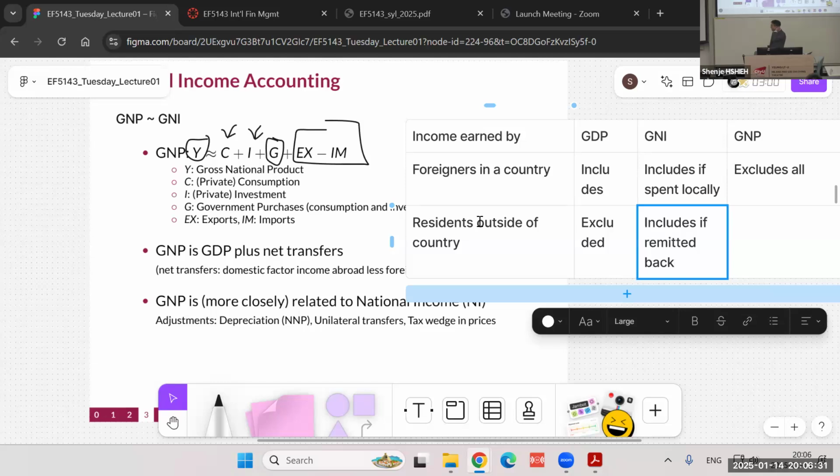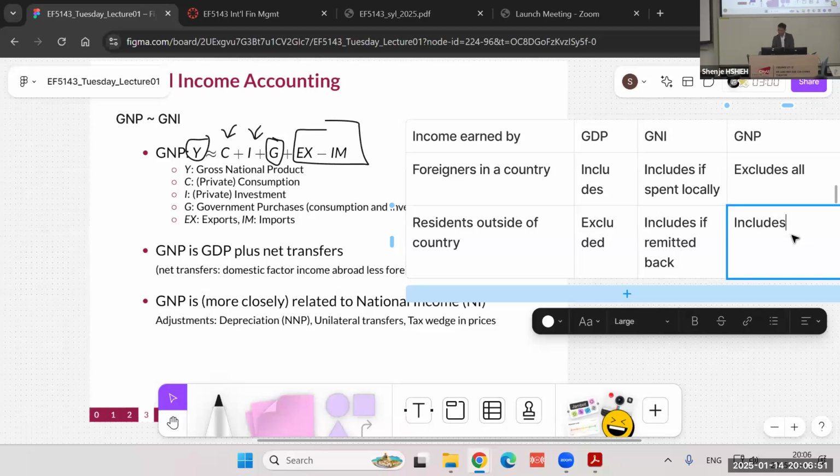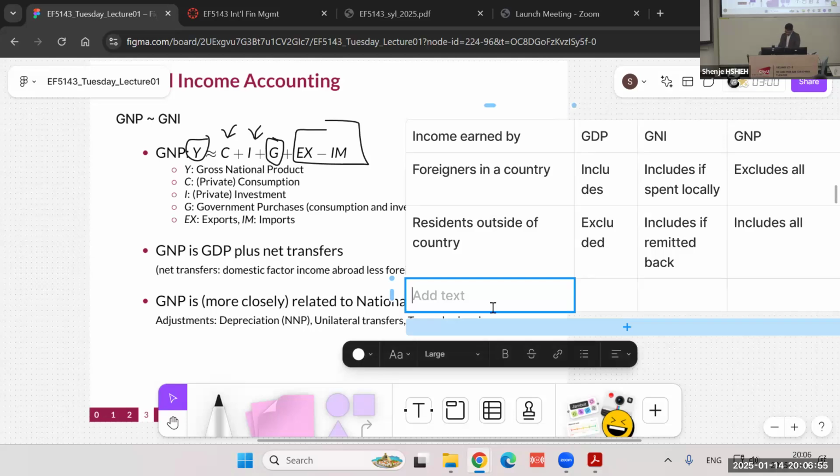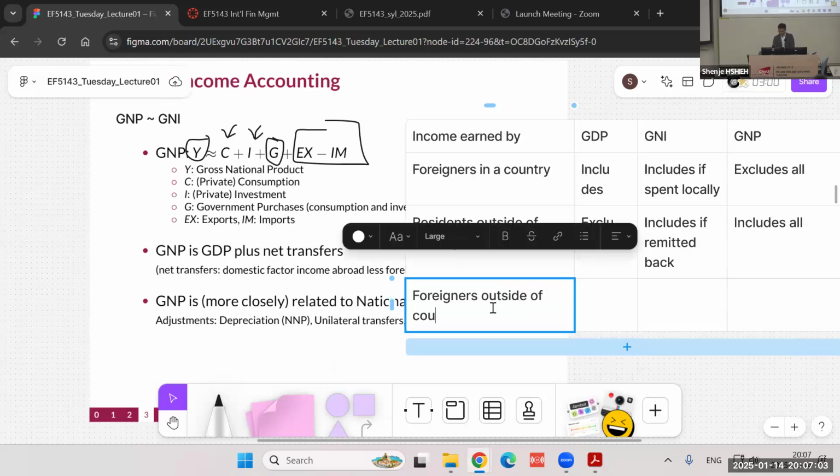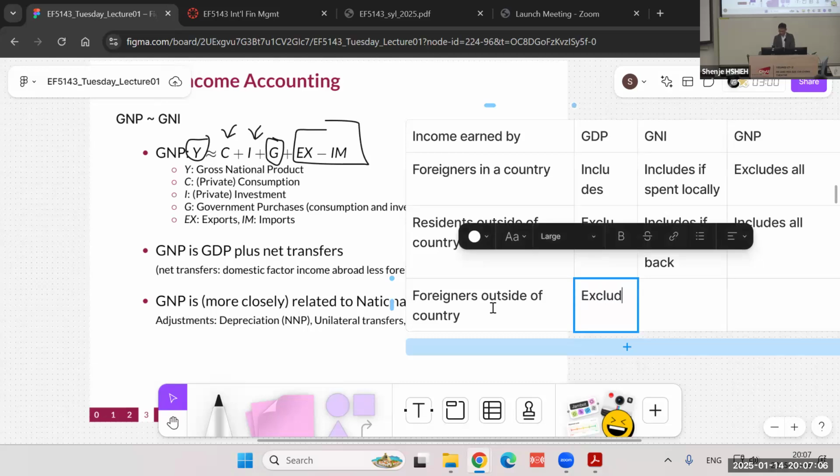So if workers in Hong Kong working for Google decide to deposit their money in an American bank after getting paid in Hong Kong dollars, then it's going to count towards GNI. And GNP will include all. And lastly, foreigners outside the country. I think this is obvious. This should be excluded.